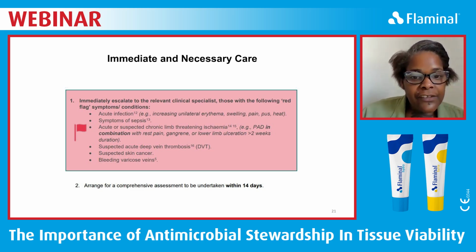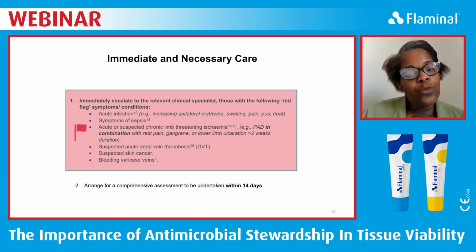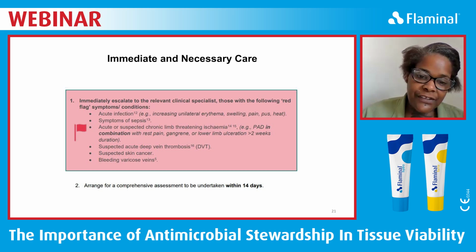If the patient, as per our case study, is not showing signs of this red flag scenario, we are able to apply reduced compression to this patient's leg, with the intention of ensuring we carry out a comprehensive, full lower limb assessment within 14 days of applying reduced compression to his limb, in order to improve his circulation and improve the wound healing of his leg ulcers.